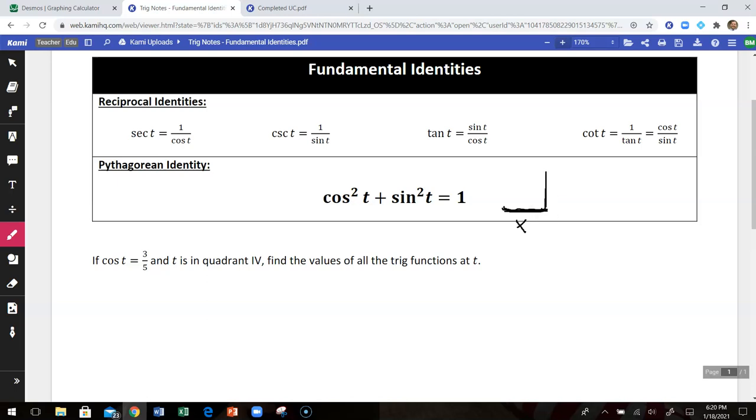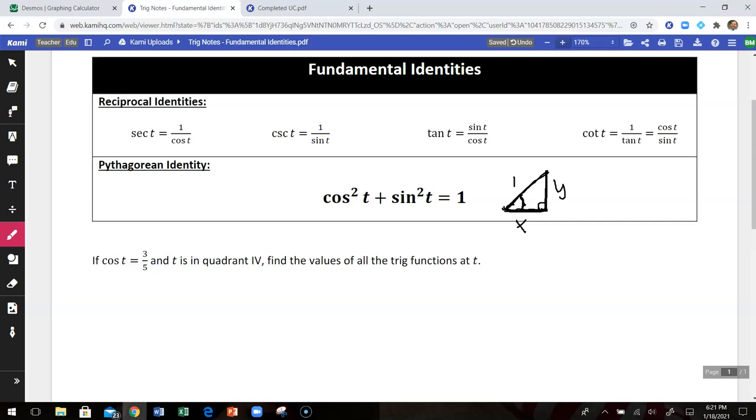The y was the sine value, and our hypotenuse every time was 1 on the unit circle. So no matter which angle we were looking at, we always had this triangle where we had an x coordinate, a y coordinate, and our hypotenuse was 1.